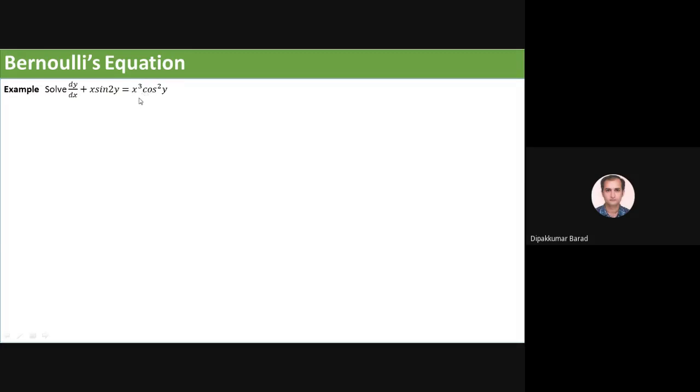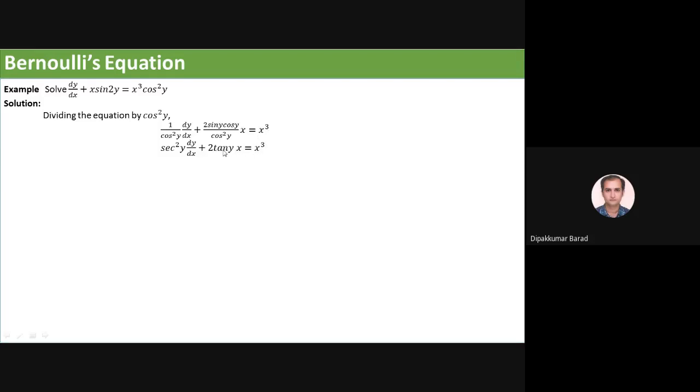If I divide by cos^2 y, then I get 1/cos^2 y dy/dx plus, writing sin 2y as 2 sin y cos y and dividing by cos^2 y, x = x^3. Now you can see that this cos y cancels out, so I get 2 tan y, and 1/cos^2 y means sec^2 y: sec^2 y dy/dx + 2 tan y x = x^3.